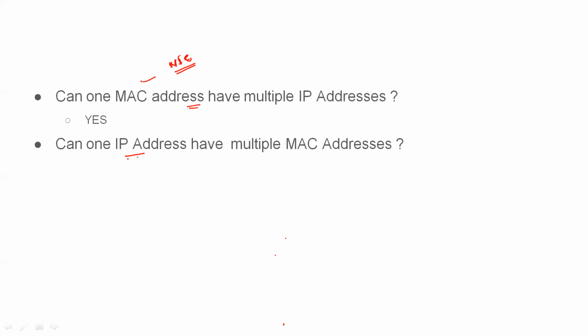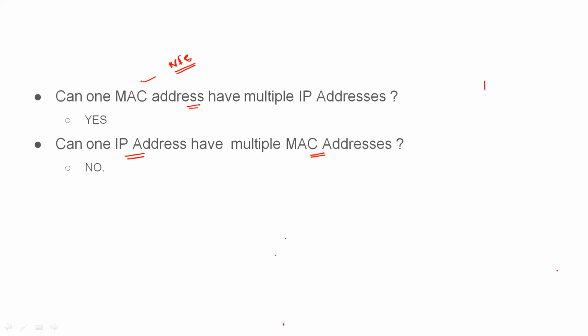Can one IP address have multiple MAC addresses? The answer is no. If two different systems have the same IP address, then the switch will get confused as to which system the packet has to be transmitted.